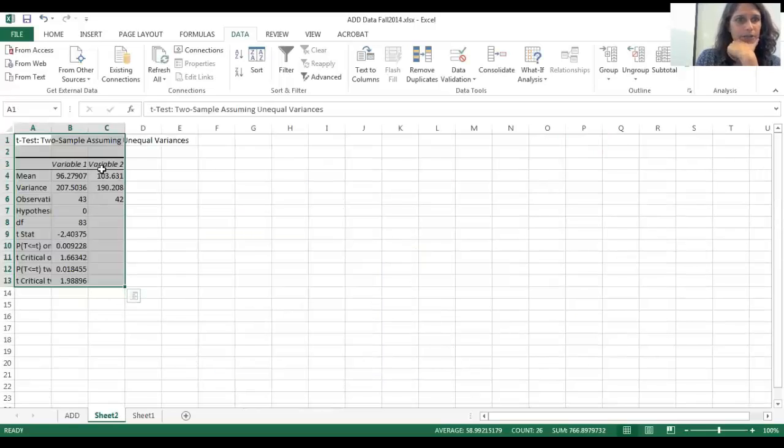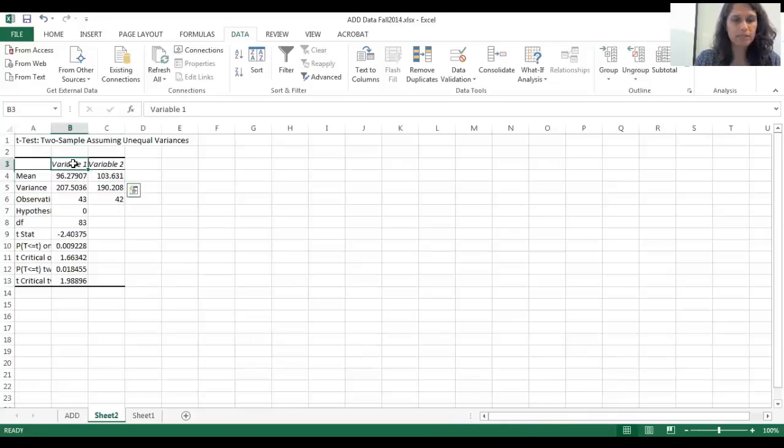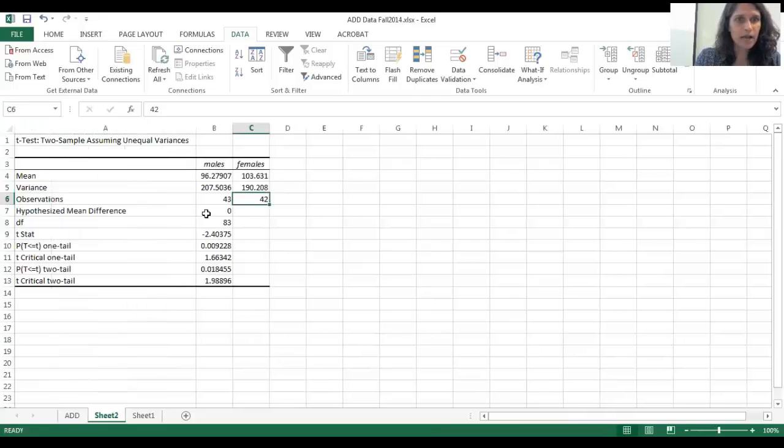It'll open it up in a new sheet. It'll say this was the mean IQ for males, this was the mean IQ for females. And here's the variance, here's the number of observations: there are 43 males, 42 females. The hypothesized mean difference was 0. We have a test statistic of negative 2.40375 and a p-value.